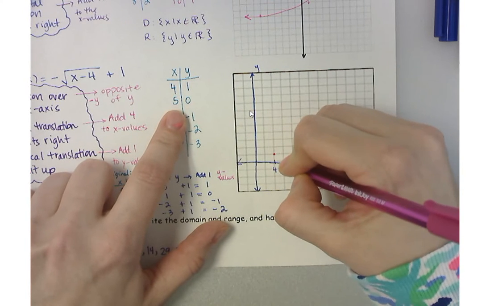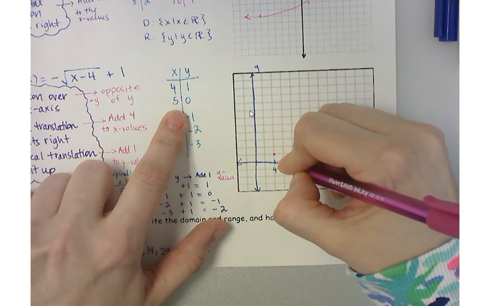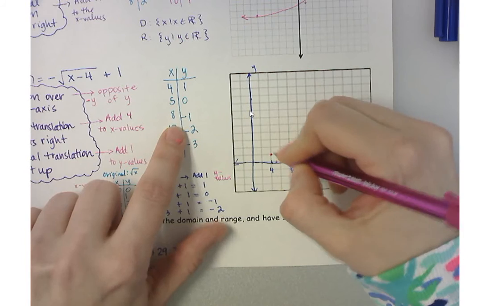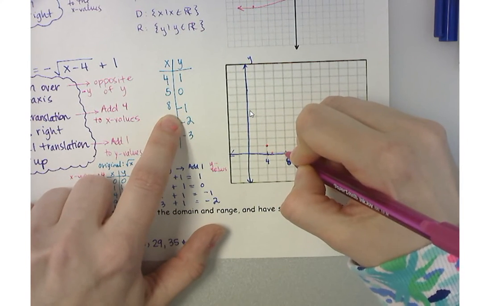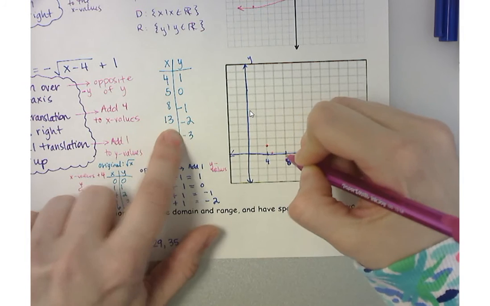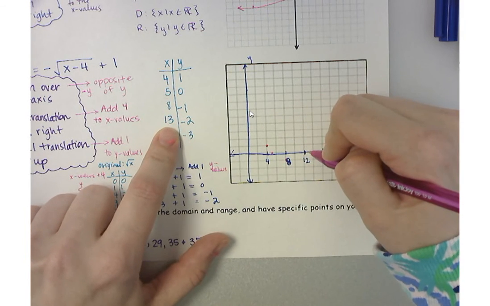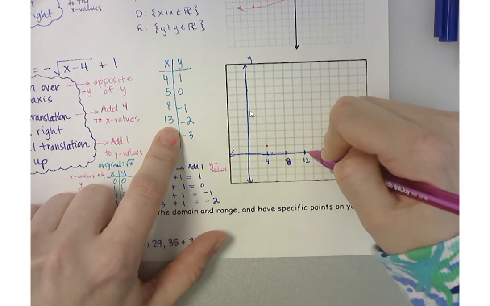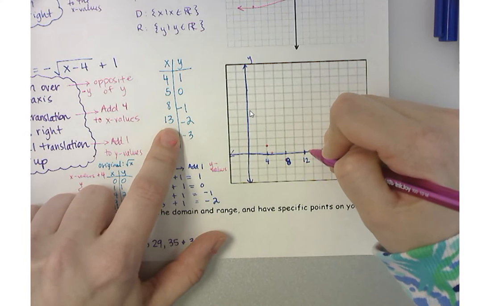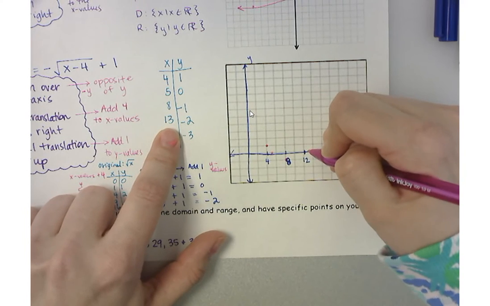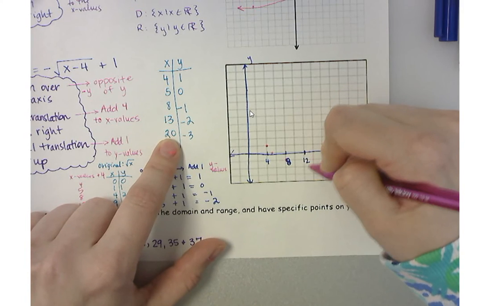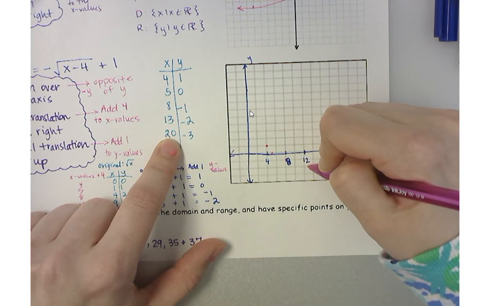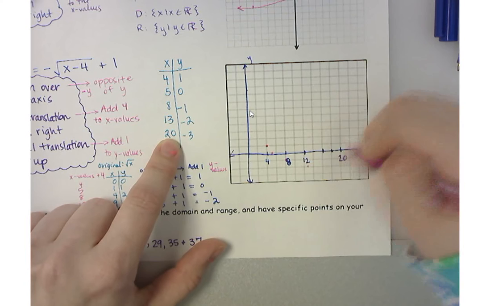That's not a joke. All right, now we're going to do the domain and range. So for your domain, you can always take what's underneath the radical and set that greater than or equal to 0. So for the domain, if you say that x minus 4 is greater than or equal to 0 and solve that for x, that's going to give you your inequality, x is greater than or equal to 4. And then your range.